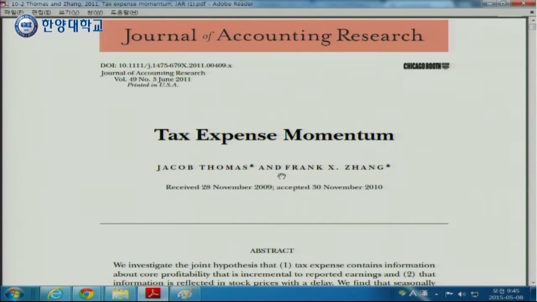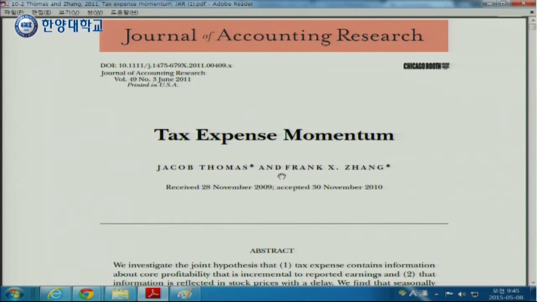Actually, I can understand why tax expense surprise happens, because people cannot predict the earnings. Your question is why tax expense surprise happens? Can anyone answer that?